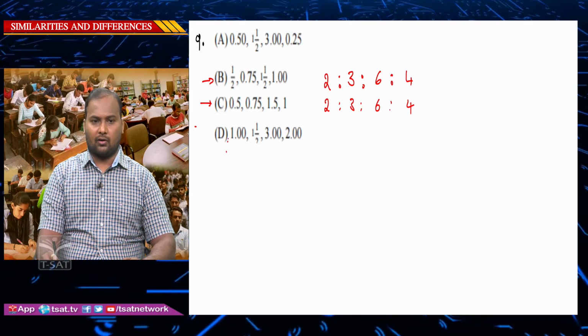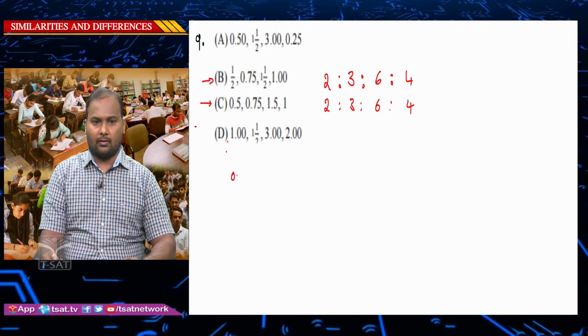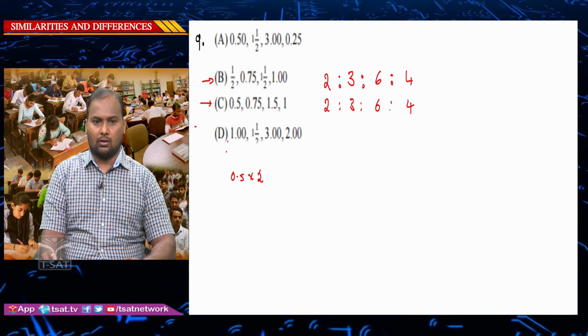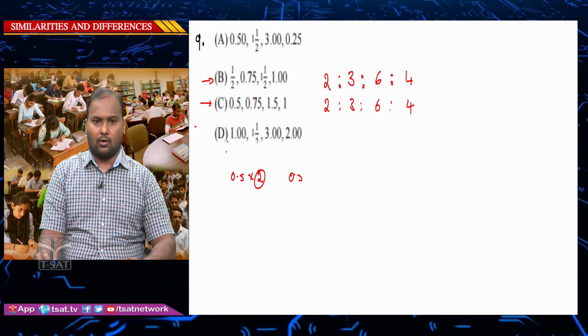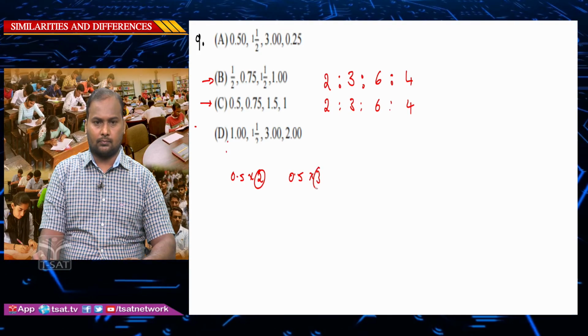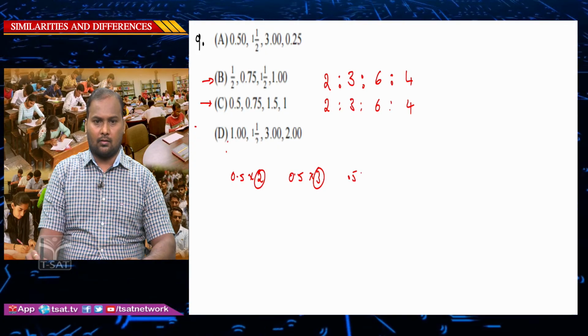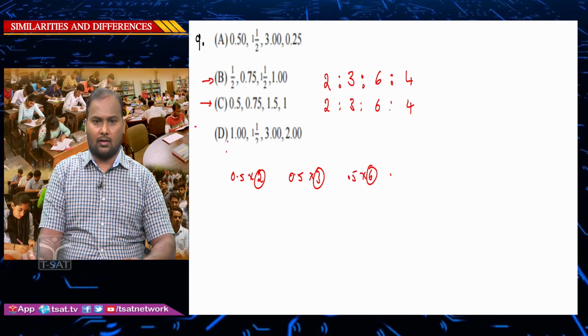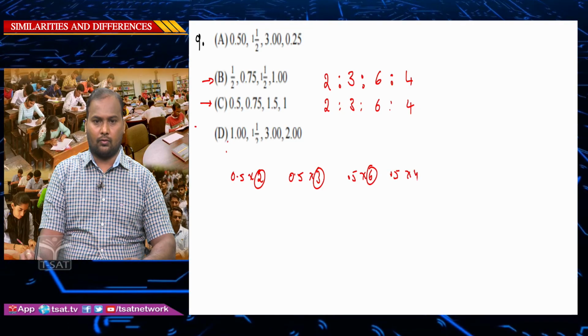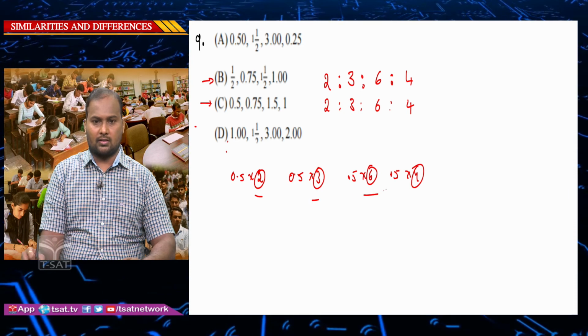Now, try to apply it for option D. So in option D, 0.5 into 2, 0.5 into 3, 0.5 into 6, 0.5 into 4. So everything is following the ratio of 2, 3, 6, 4.